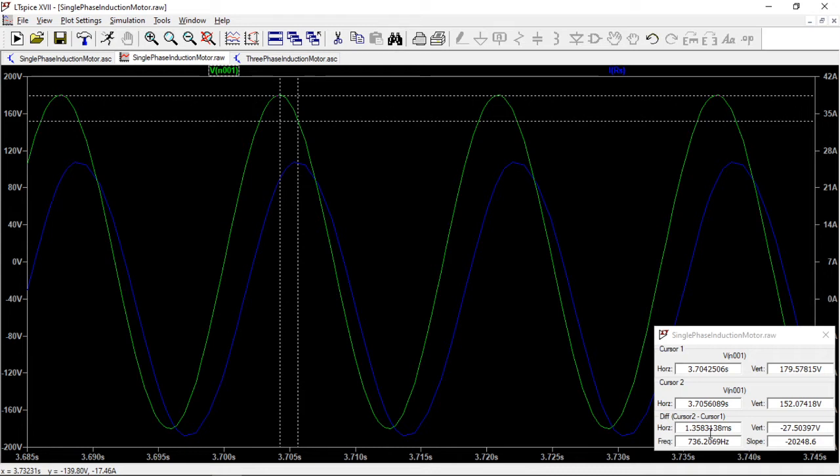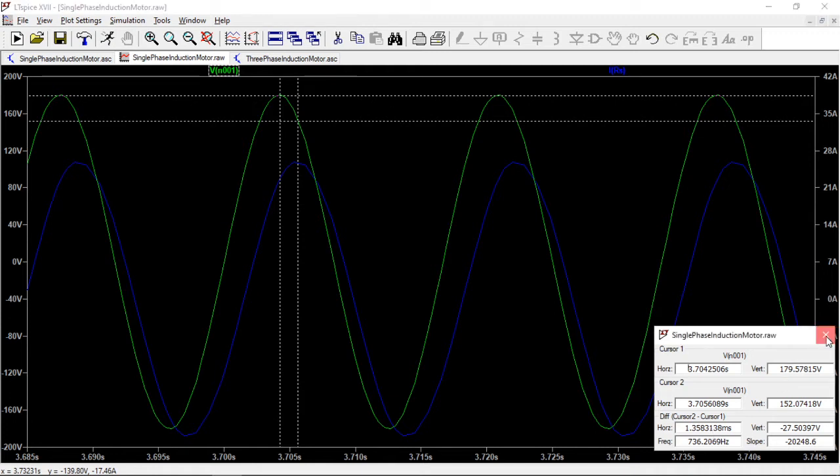To convert that to an angle, all we need to do is take that 1.358 milliseconds, divide it by the period of the waveform, which for 60 hertz is 16.67 milliseconds, and multiply that by 360. What we get is about a 30 degrees phase shift, which, if I remember, is about similar to what we had before. Okay, so we see the current lagging.